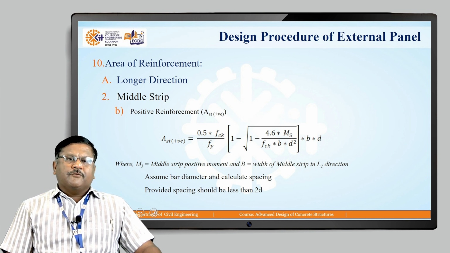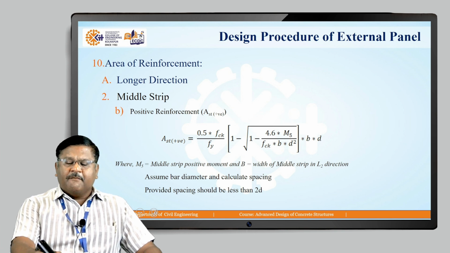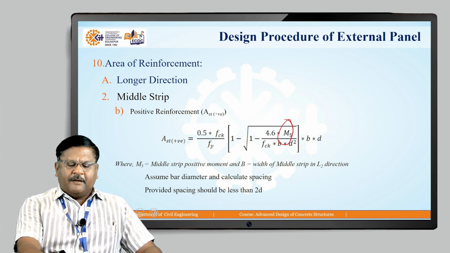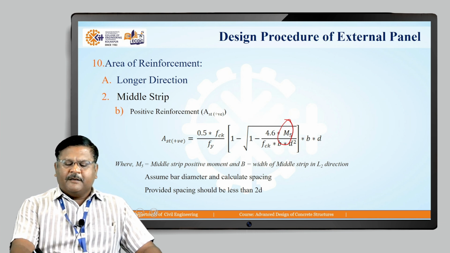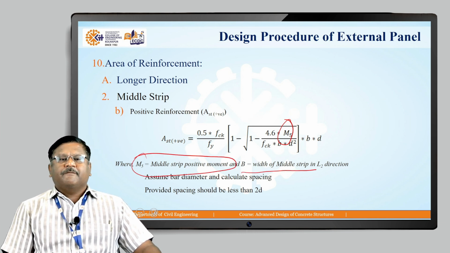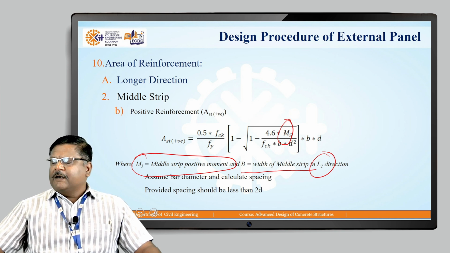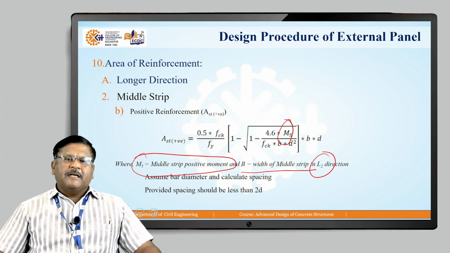Next, positive moment or positive reinforcement. See, this is M5, that is middle strip positive moment. B is the width of middle strip in L2 direction. Assume the bar diameter, calculate the spacing, provided spacing should be less than 2D.